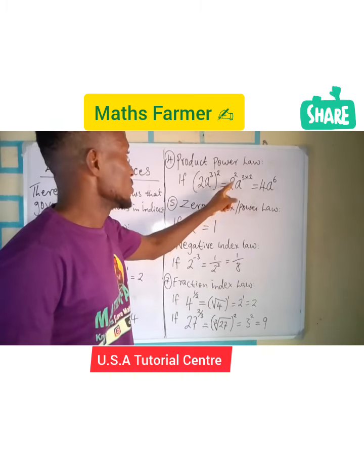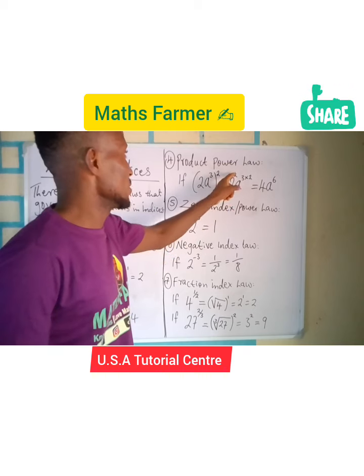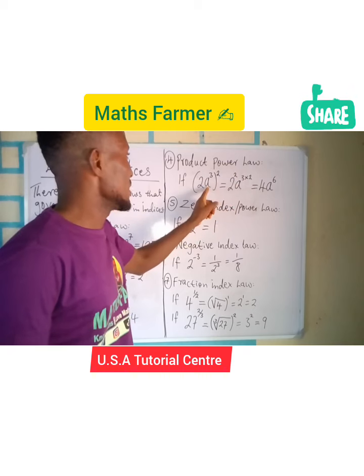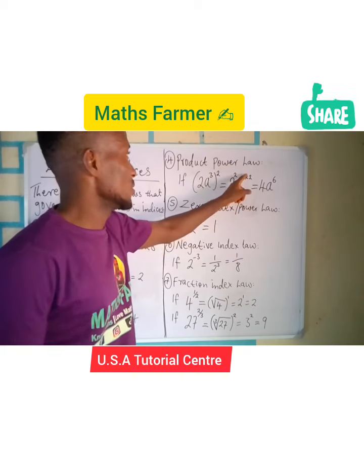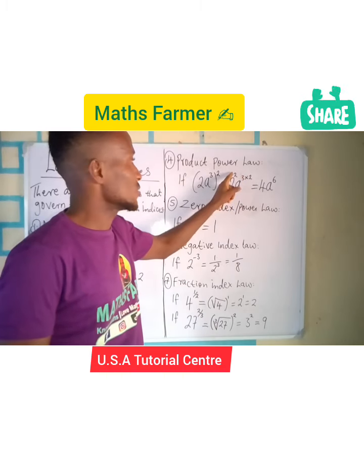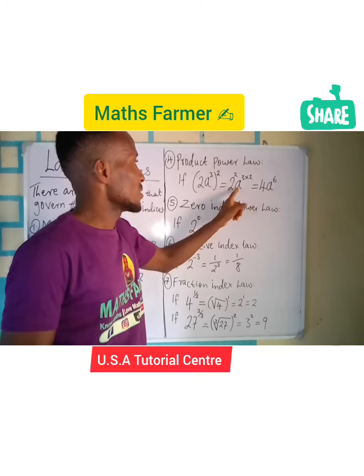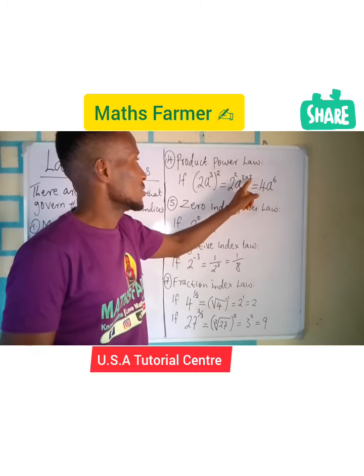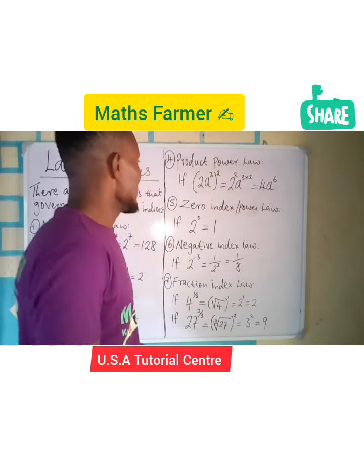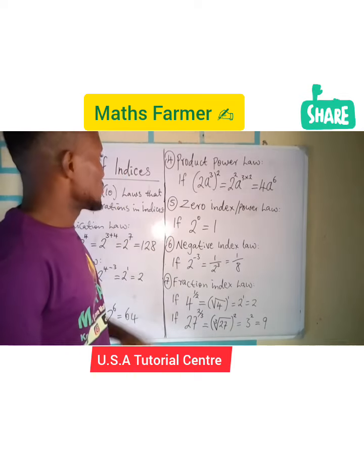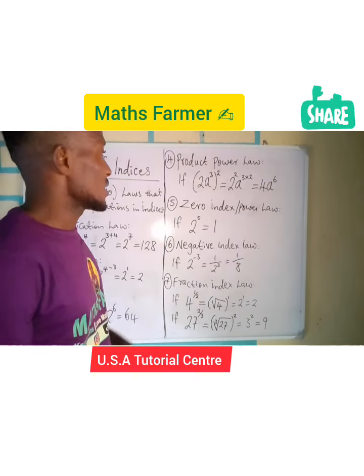Then this 2 raised to power 2 takes its own, and this a raised to power 3 takes its own. So 2 raised to power 2 times 2 will give us 4, and here, 3 times 2 will give us 6.